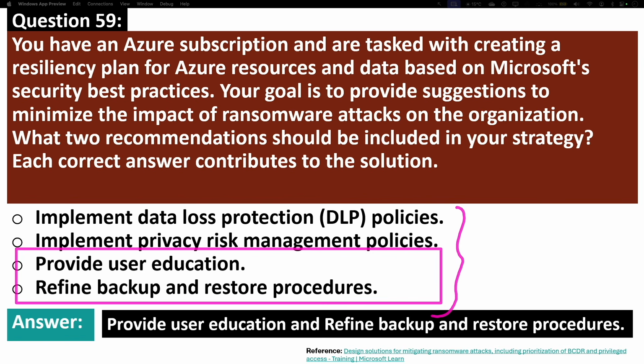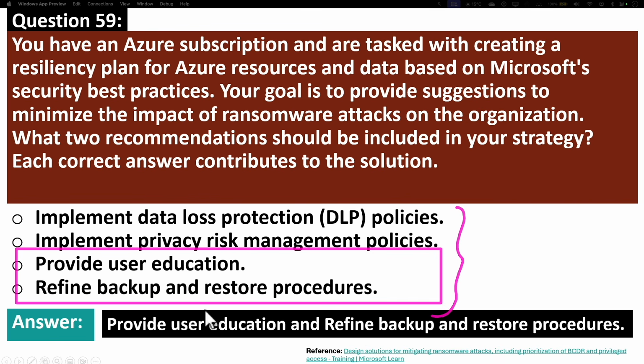Educating users on cyber attack prevention is crucial as human error is often a primary cause of ransomware infections. Users should be aware of the common tactics used by attackers such as phishing emails and malicious links. So what are the things you can do? You can conduct regular training sessions, you can implement simulated phishing exercises, or you can provide clear guidelines on safe browsing practices.